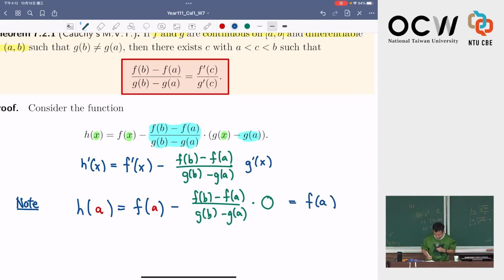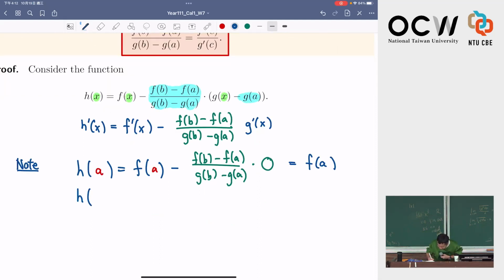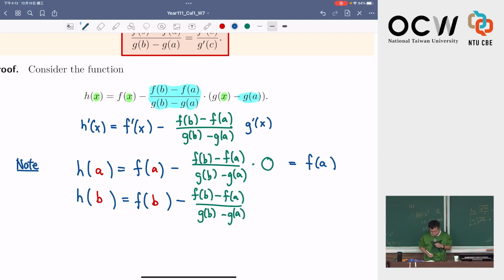How about the other endpoint, h of b? If I put the other endpoint, then I will get f of b minus, okay, this horrible constant, gb minus ga. But then what is inside the bracket now also becomes gb minus g of a.